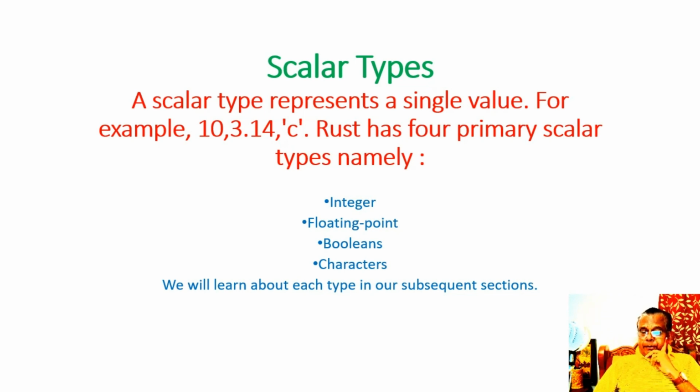For example, 10, 3.14, 'c' within single quotes, etc. Rust has four primary scalar types, namely integer, floating point, booleans and characters.